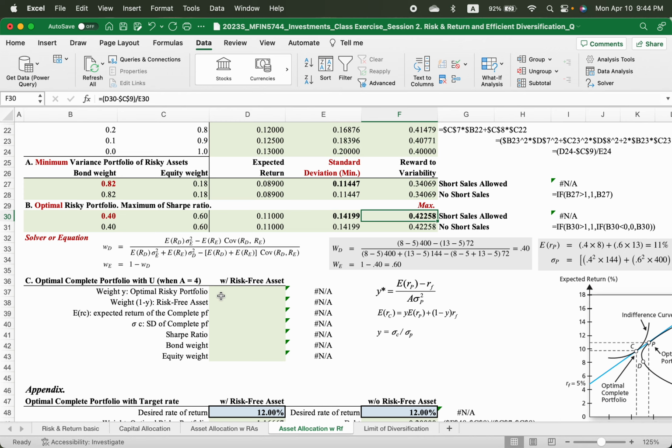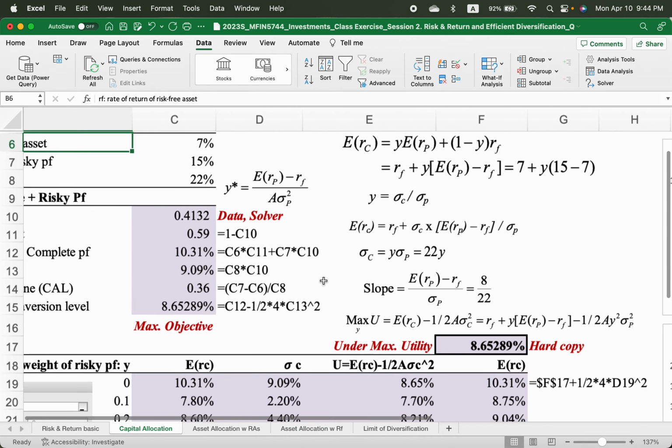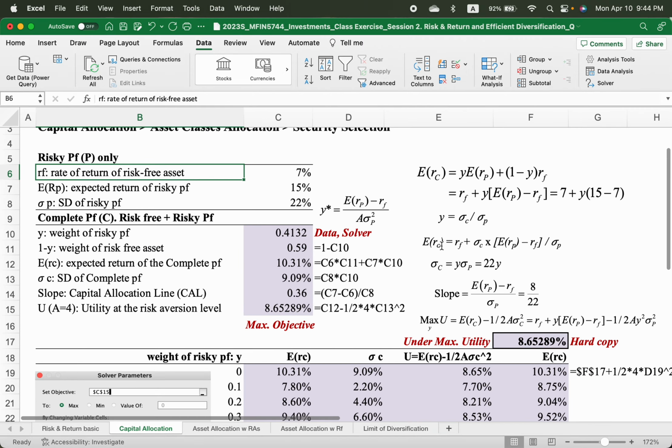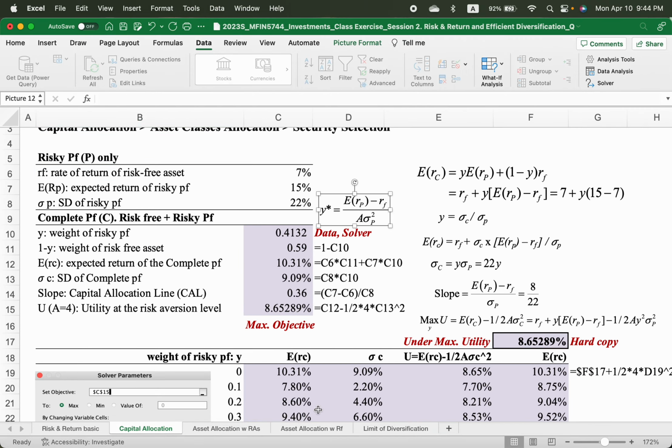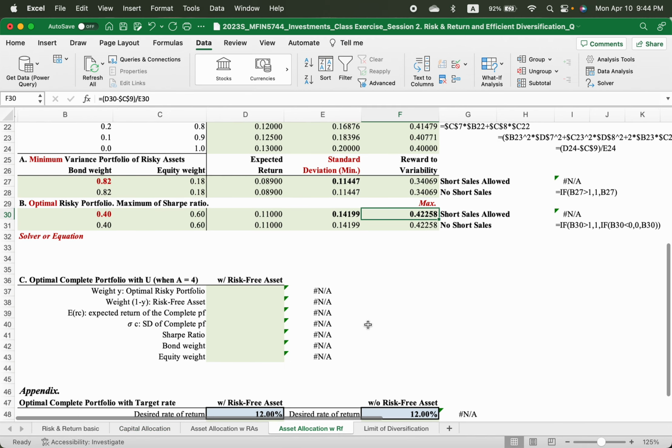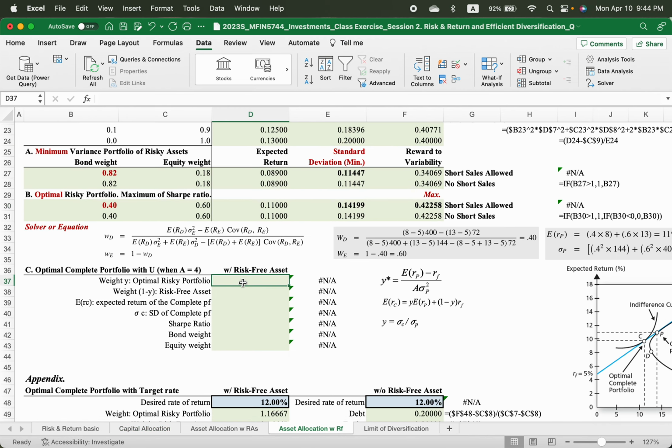So here, now how do we get this weight? You guys remember the equation on the first session, the exercise, capital allocation, right? Here, this equation is exactly the same one we are going to use. So here, the optimal risky portfolio weight, how to calculate it? Right, expected rate of return. What's the expected rate of return?